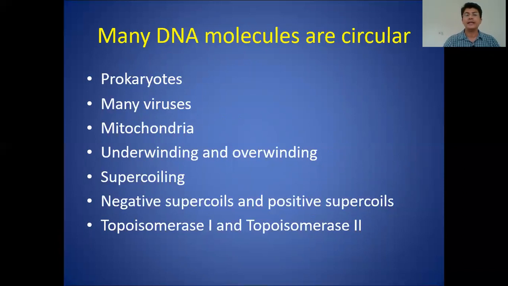Underwinding or overwinding can result in supercoiling. So if the DNA is underwound, negative supercoils will be there, and if the DNA is overwound, then it results in positive supercoils. Now these supercoils can be removed by the action of topoisomerases like topoisomerase 1 and topoisomerase 2.